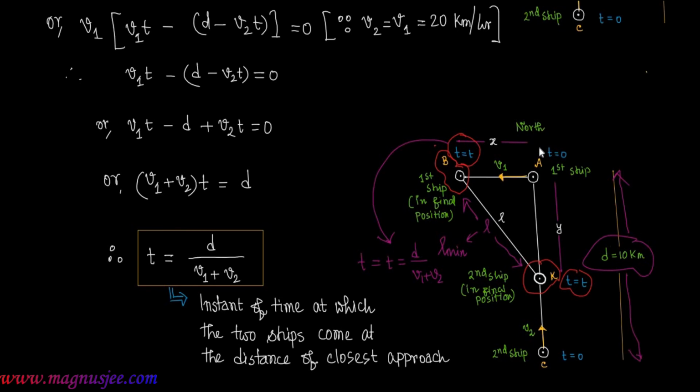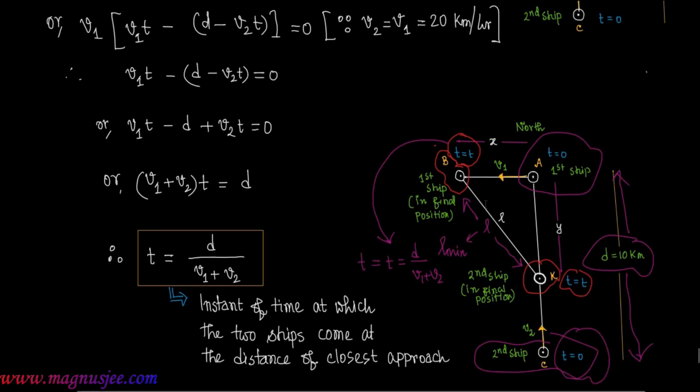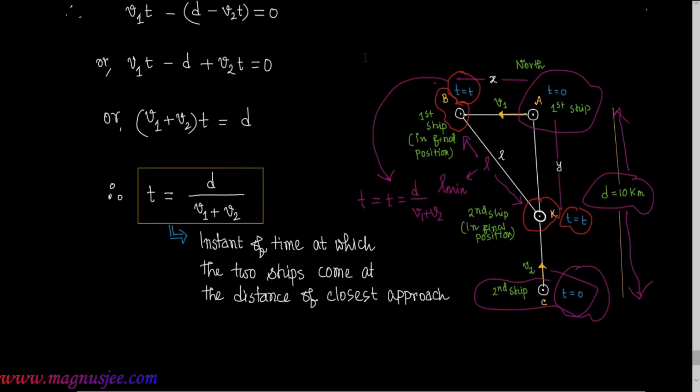Now d is equal to 10 kilometer, which was the initial distance between the two ships at their initial position, that is at the instant of time t equal to 0 second.